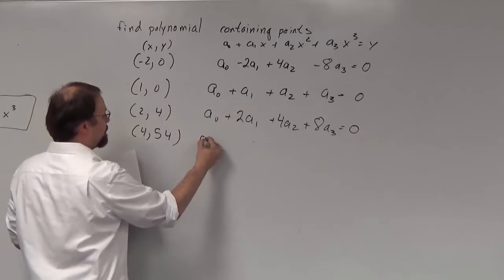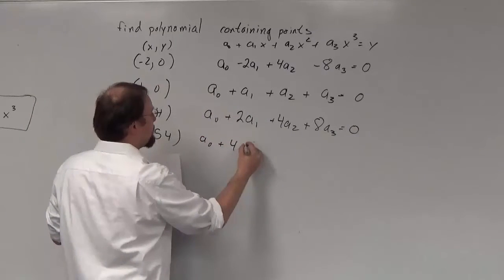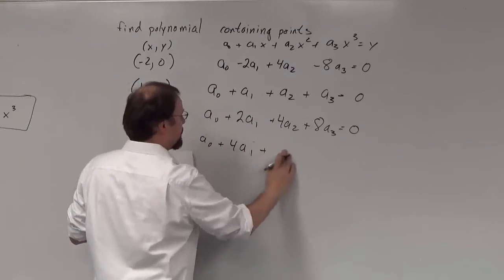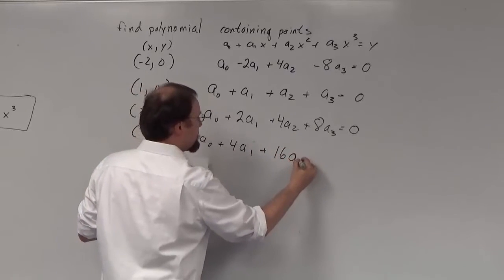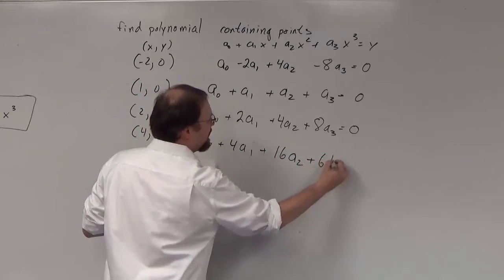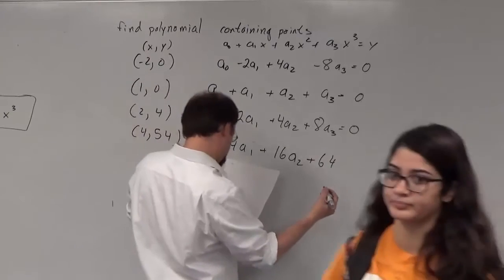And x is 4. Oops, this is 16. And 4 cubed is 64.